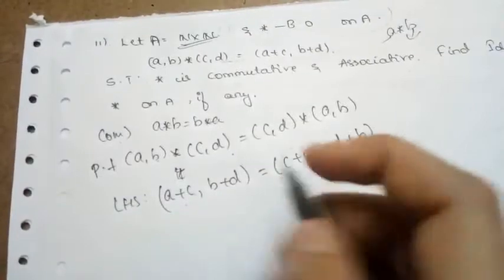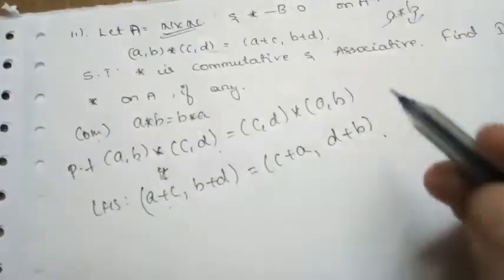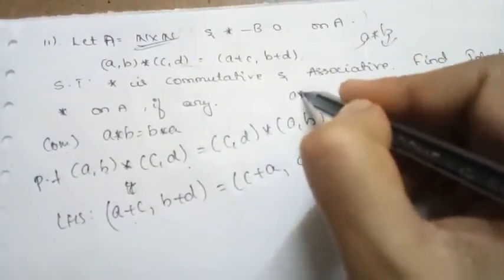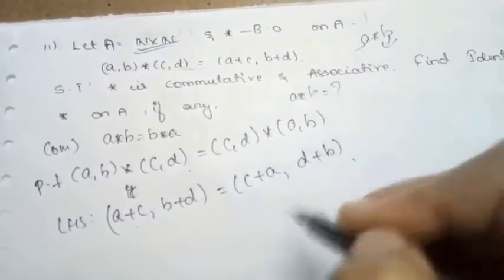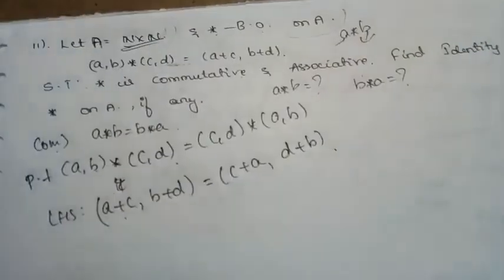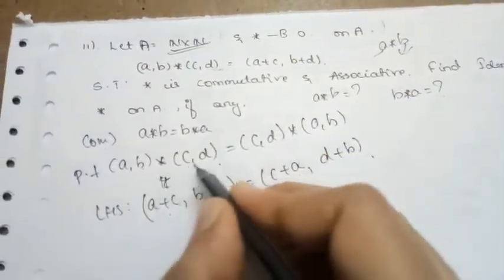Now, this is the idea I used in the beginning: write what a star b implies and what b star a implies before. This type of idea will help you here. So we need to prove this one.